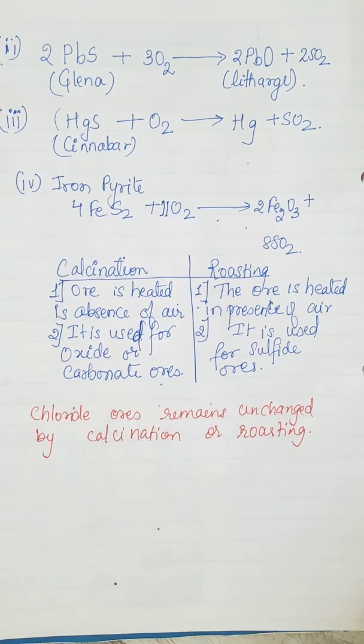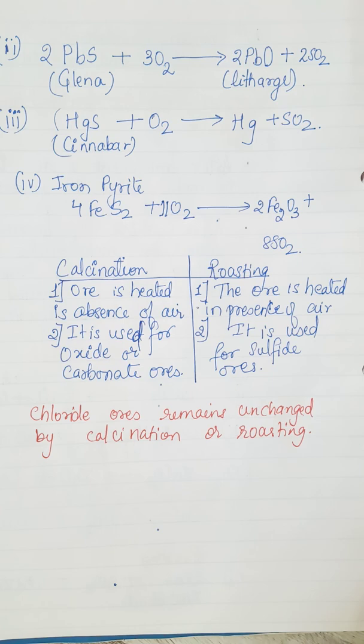So we have seen 6 types of ore, but we need only these 4 to be discussed. Oxide and carbonate ores can be done with calcination. Roasting is done for sulphide ores, and the chloride ores are unchanged by calcination or roasting.